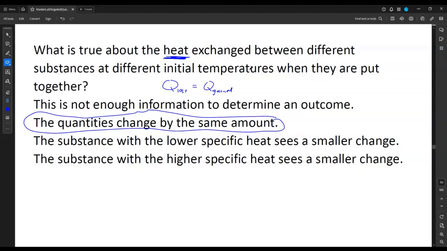Now, I don't know anything about masses or temperatures or final answers, except I know this very beginning idea, that the heat exchange is going to be equivalent. So temperature will be different. Again, I don't know anything else about this, but this is basically a conservation law. So that thing's going to be true.